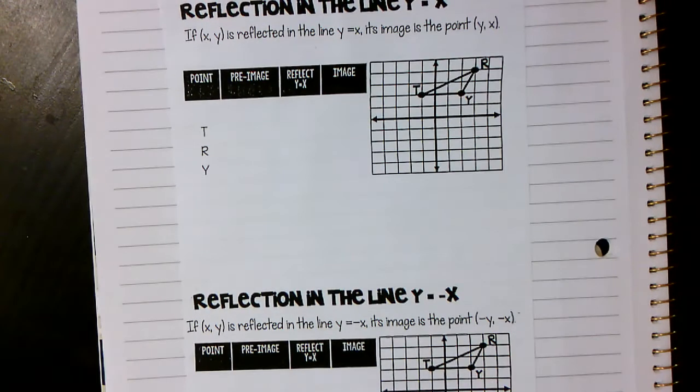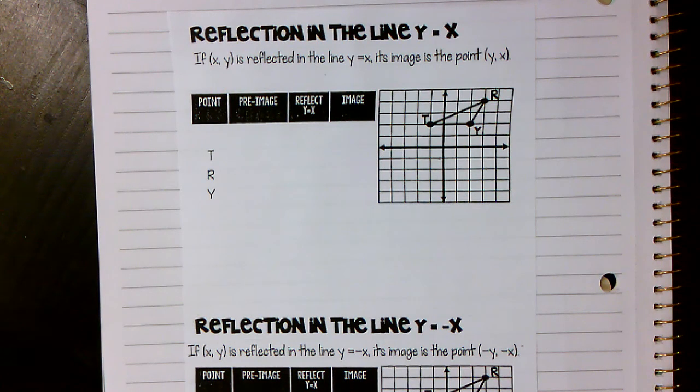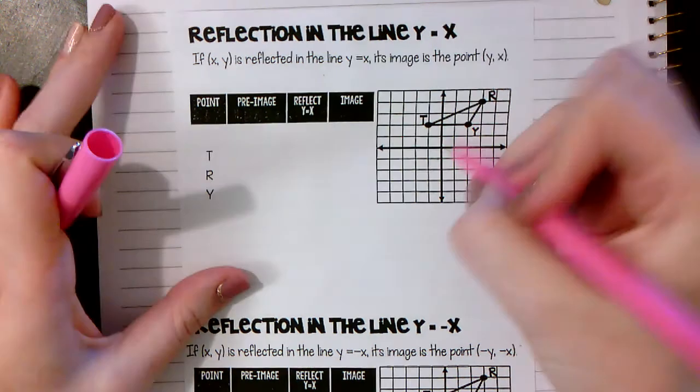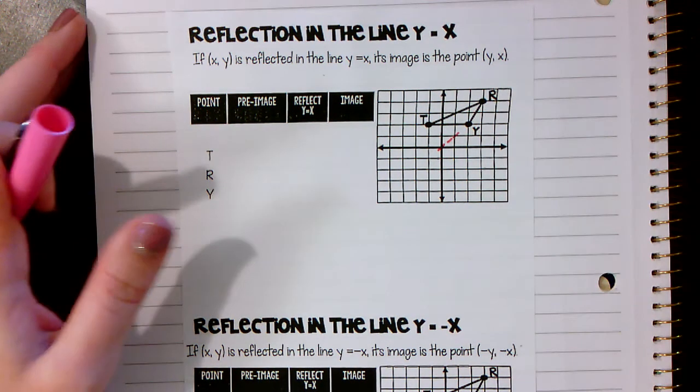So the second page here is 2 more examples. However, this time we're going to cross over the y equals x line, or the y equals -x line. So y equals x means it's a line that crosses right here through the origin, meaning whatever y is, x is.